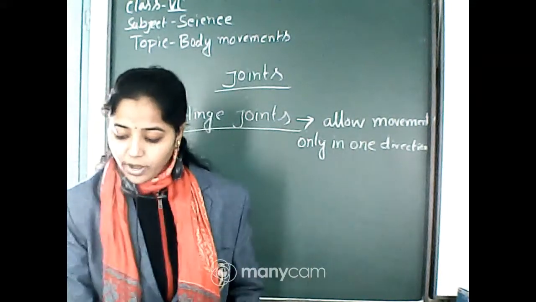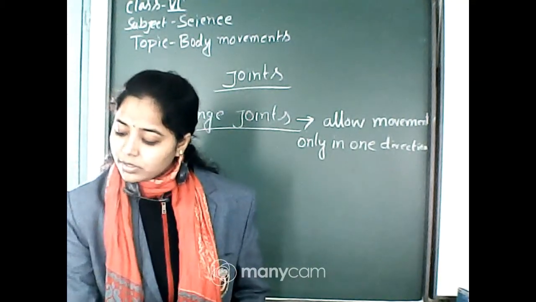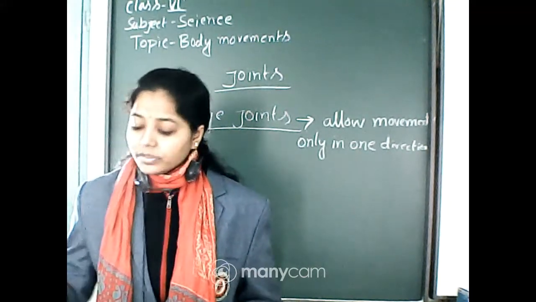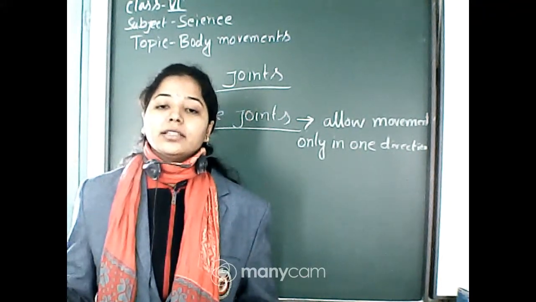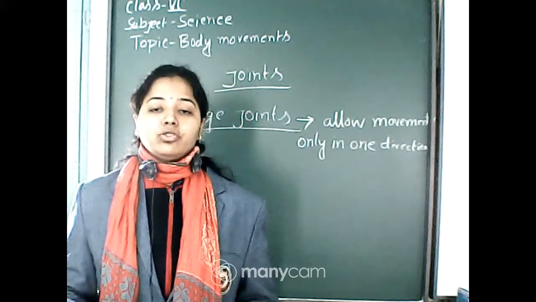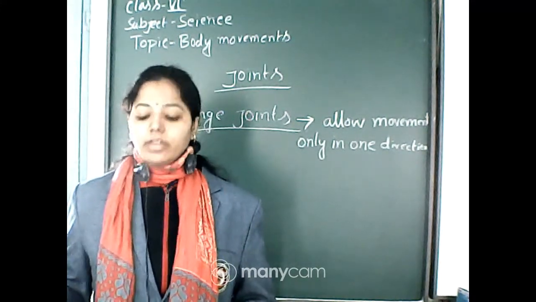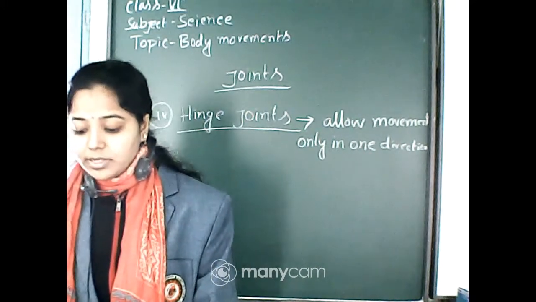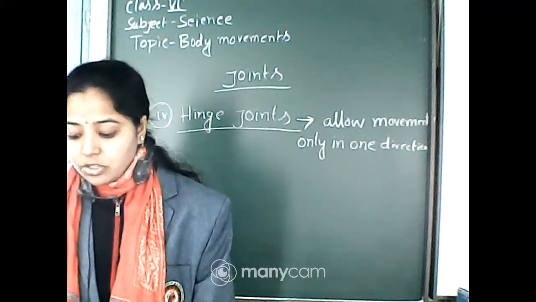Now, the hinge joint, where can it be found? Just like our elbow and knee, the joint of the knee and the elbow joint are examples of hinge joints. From your book, page number 69, figure 8.6, you can easily see the hinge joint of a knee.